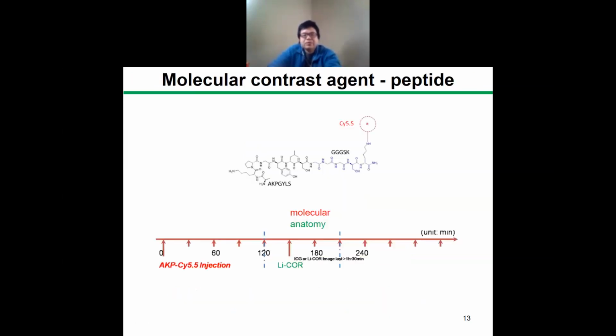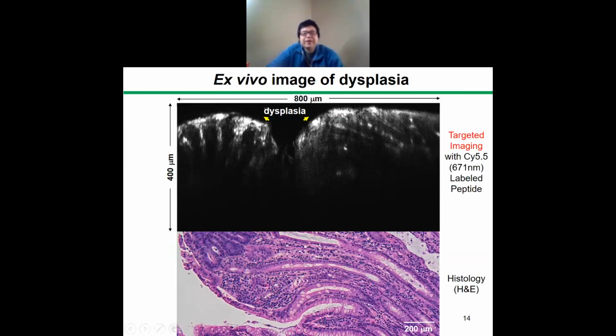And we also developed peptide or other contrast agents, for example antibody or small molecule, which specifically target the disease area, overexpressing the biomarkers in the tumor.